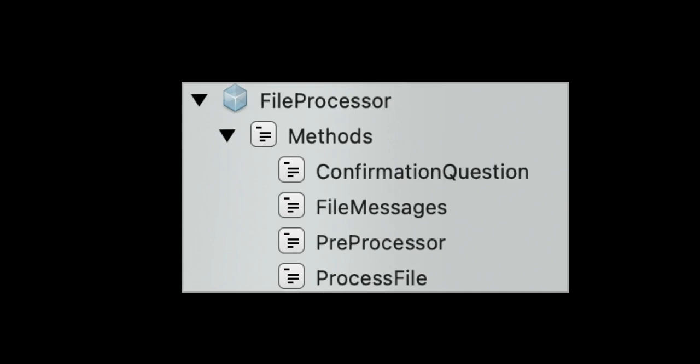So the practical upshot is that when you need to create something to process a bunch of files in this app, you create a new class and have it implement the file processor interface. If you return nothing from the confirmation question, it just skips it and starts right away. You fill in the preprocessor method if there's anything you need to have done before it starts, and then you fill in the process file method, which is the meat of that function, right? Whatever it is you're going to do to the file is in process file.